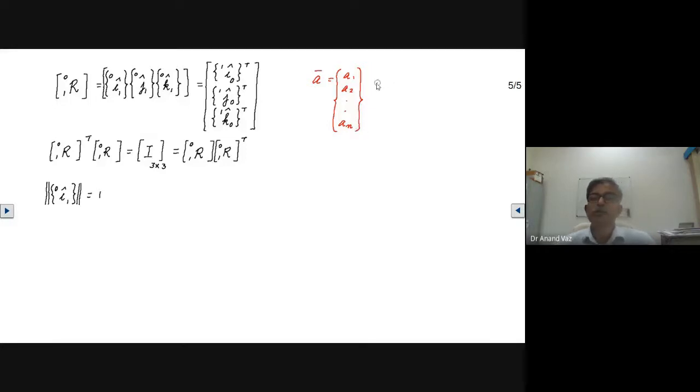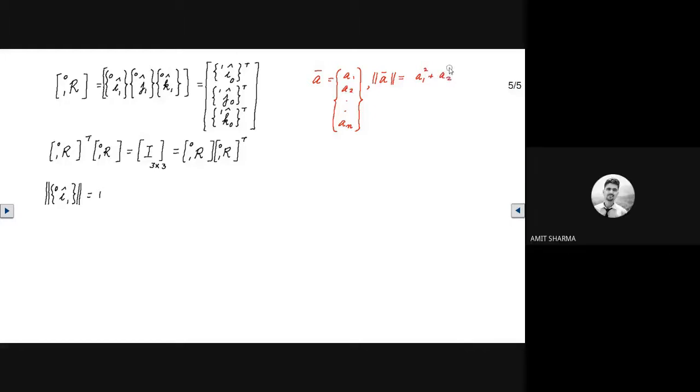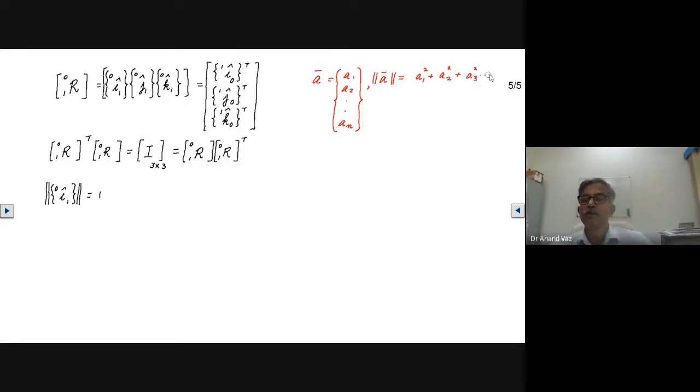So you can say that the magnitude or the length of this vector is given by, you have done this before, a1 square plus a2 square plus a3 square and so on up to an square, and you take the square root of this. We also call this the Euclidean norm.